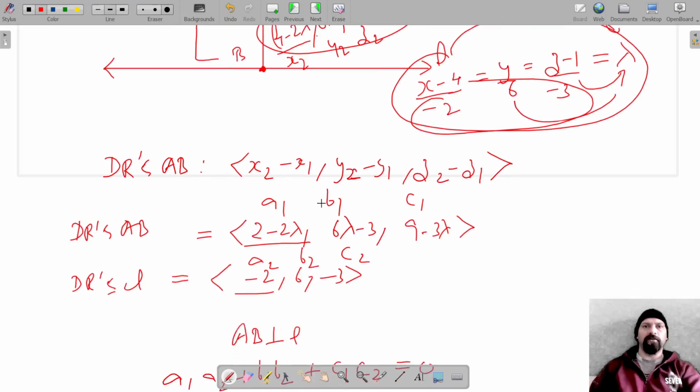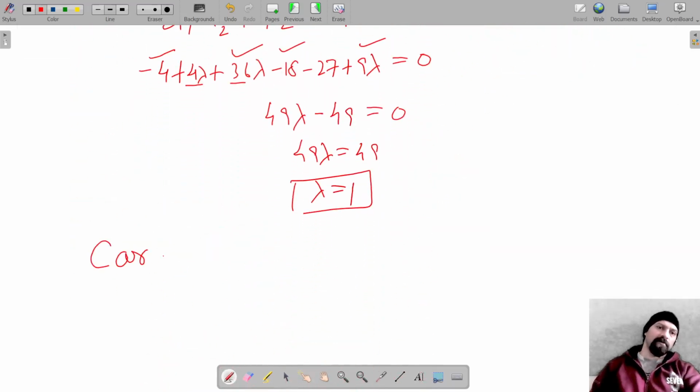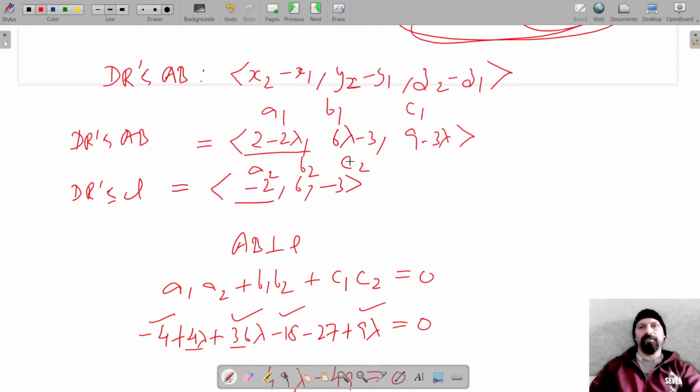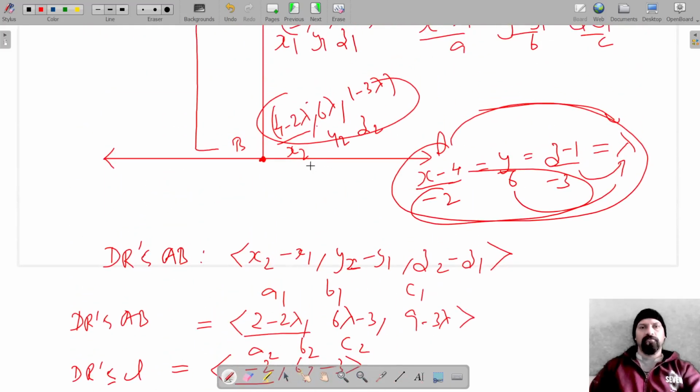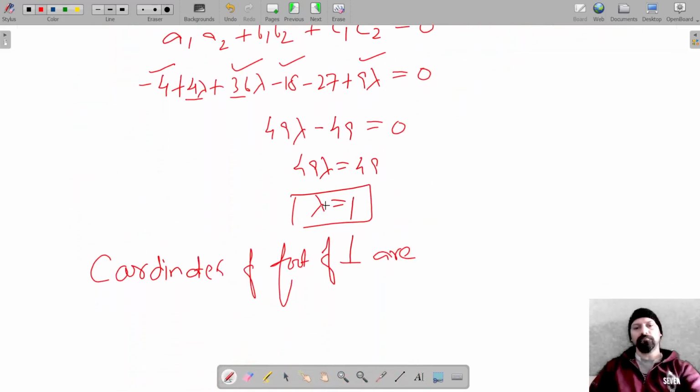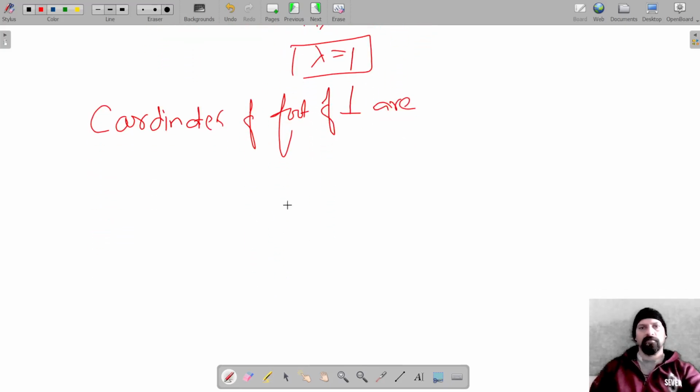Let's write down the coordinates of the foot of the perpendicular. The coordinates of the foot of the perpendicular are, putting in the value of lambda, (4 minus 2 lambda, 6 lambda, 1 minus 3 lambda).